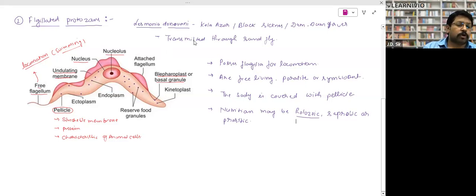Note down holozoic nutrition. First let me tell you, then I will explain and you will write it down. In holozoic nutrition, if any organism is eating its food either as a whole or in pieces, this is called holozoic nutrition.